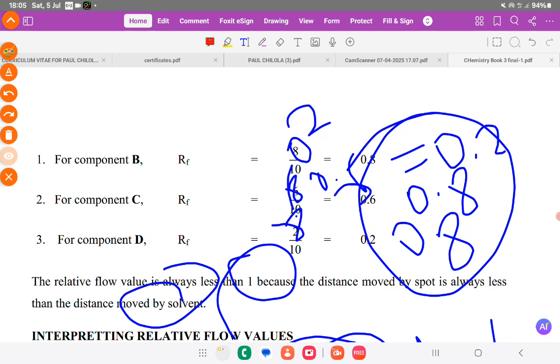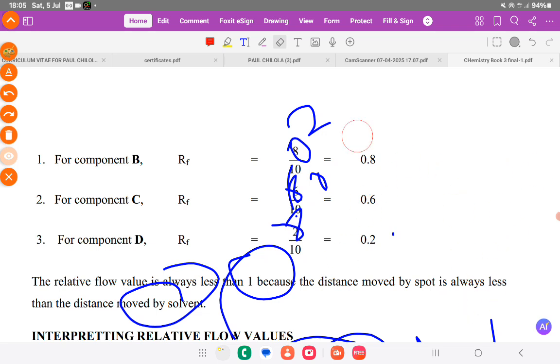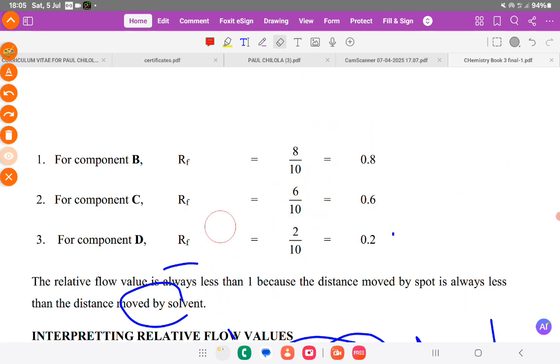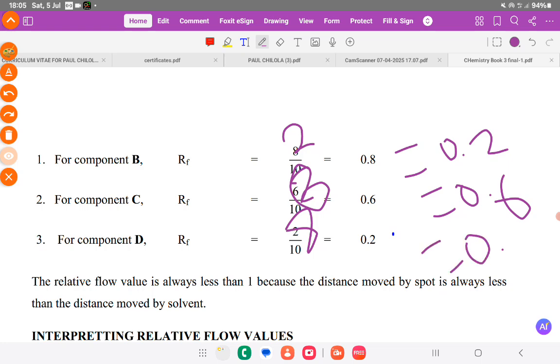By the way, we are going by the diagram, not according to what is written here. So this is 2, which gives you 0.2, then this is 6, or 0.6, and this is 8, which is 0.8.